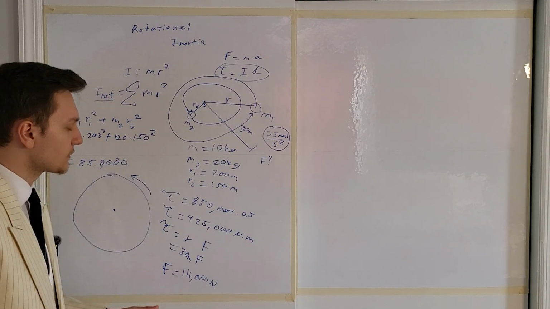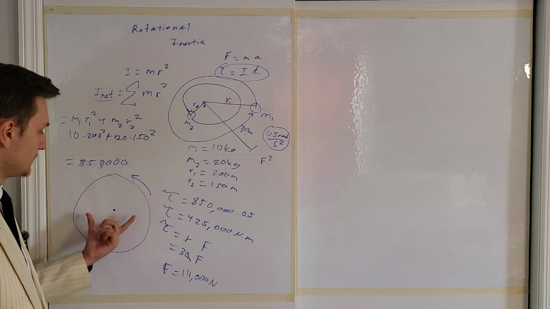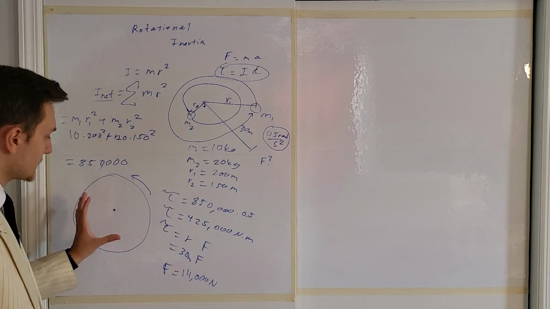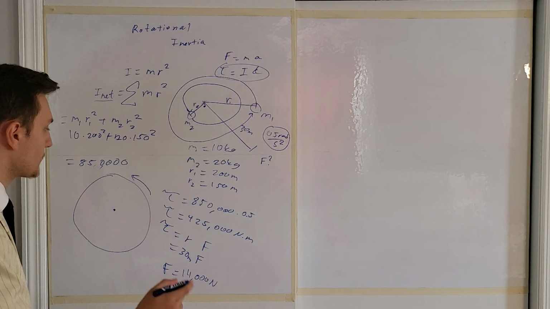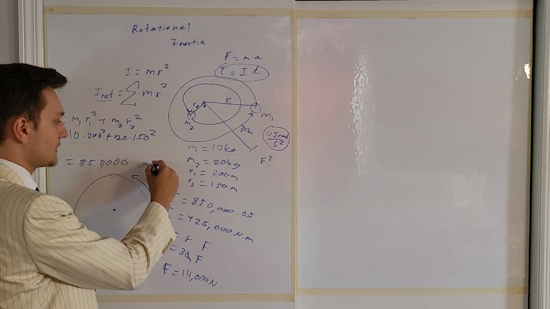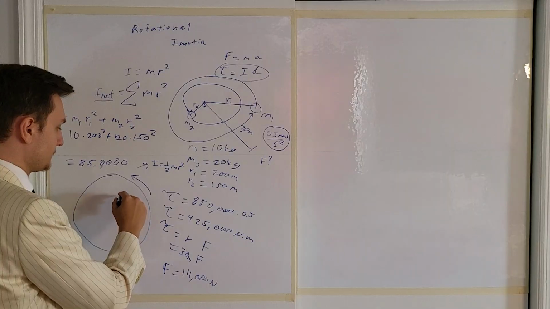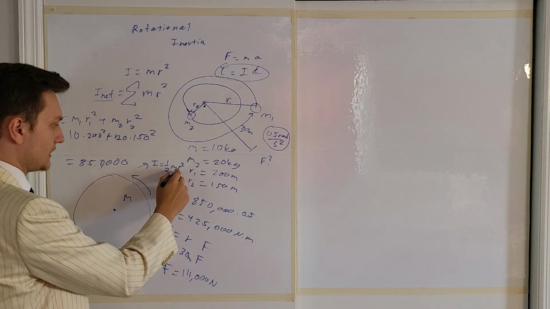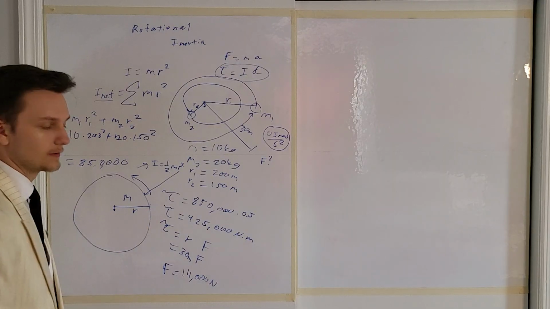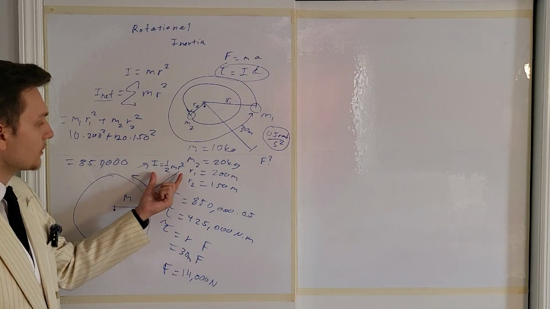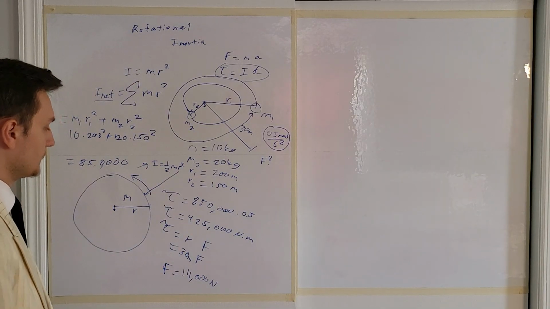But what I always recommend is, this is the most common thing you encounter, the solid disk rotating around its center. I'd recommend that you memorize that the rotational inertia of this equals 1/2 mr squared, where m is the total mass of the disk and r is the total radius of the disk measured from its center, axis of rotation. Okay, once you're given the rotational inertia, you'd be able to do all of this math and solve this out.